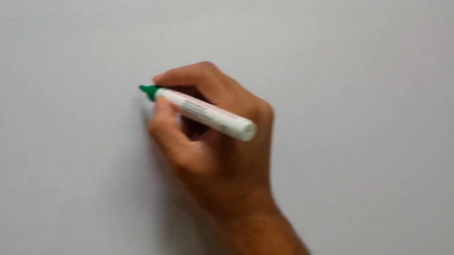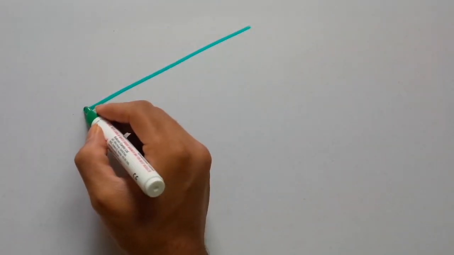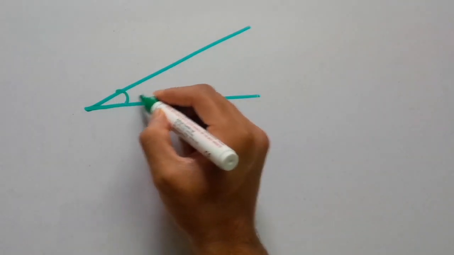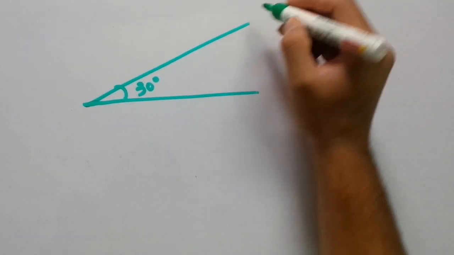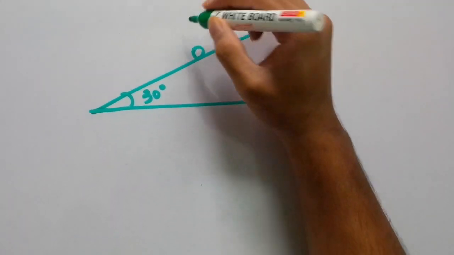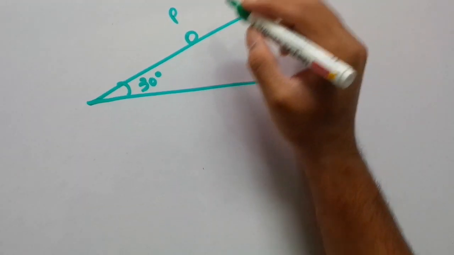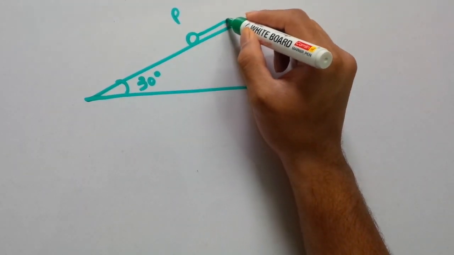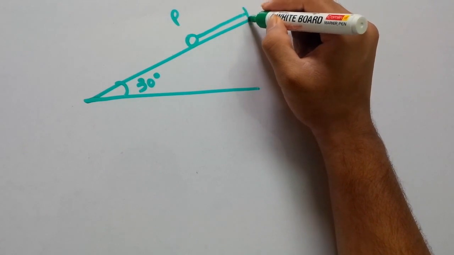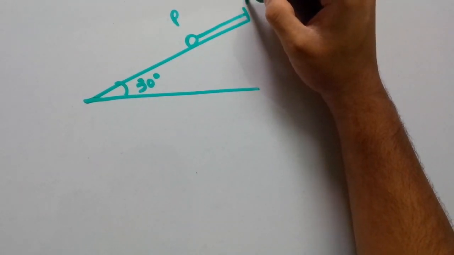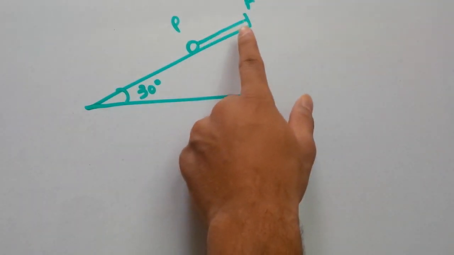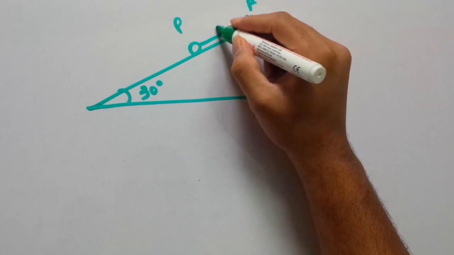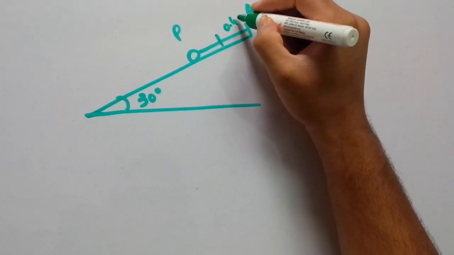Before starting the question, let's draw the diagram. We have a plane inclined at 30 degrees and we have a particle P attached to a point A with a light elastic string of natural length 0.4 meters.